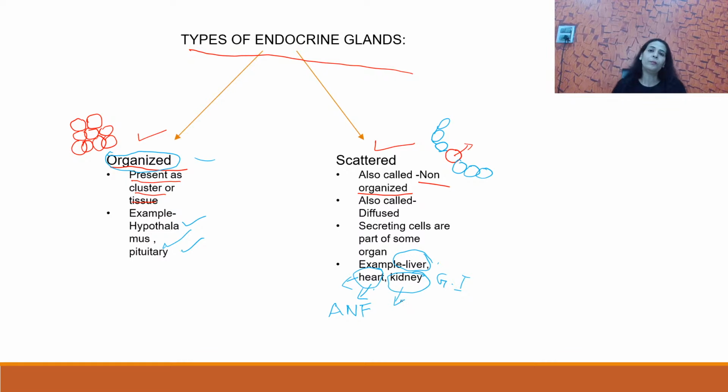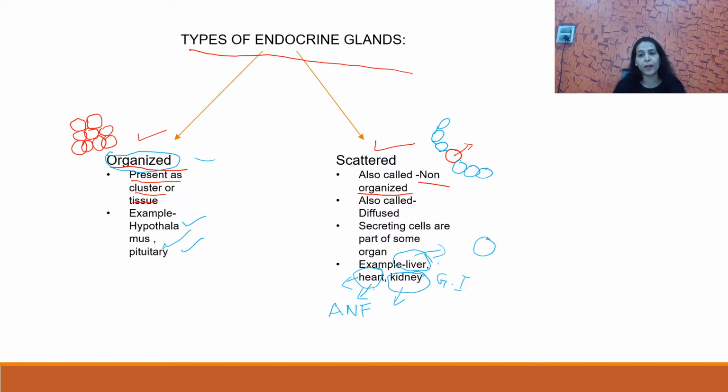Kidneys produce erythropoietin. Kidneys are divided into cortex and medulla, but some of the cells produce erythropoietin, and some cells also produce renin. In the liver, some hormones are produced by liver cells.